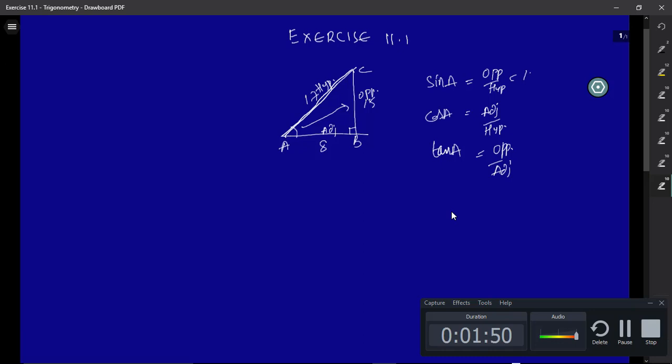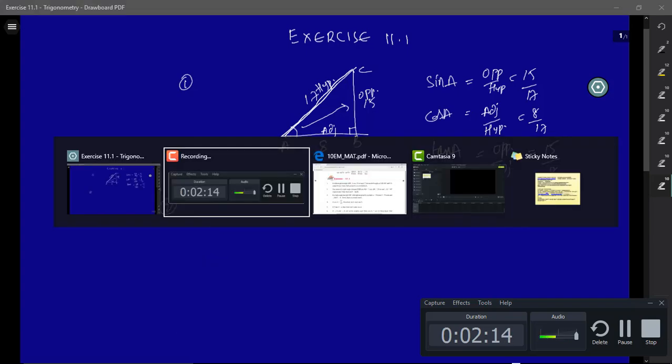What is the opposite side here? 15, hypotenuse is 17, adjacent is 8. So we have the values of sine A, cos A and tan A as 15 by 17, 8 by 17 and 15 by 8.